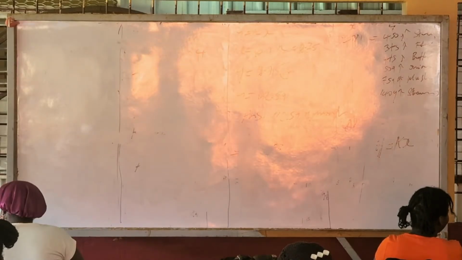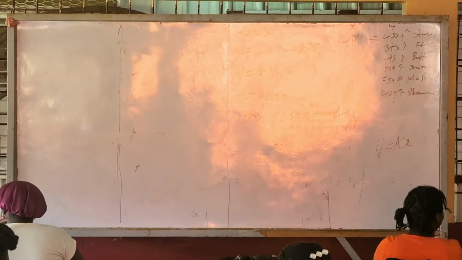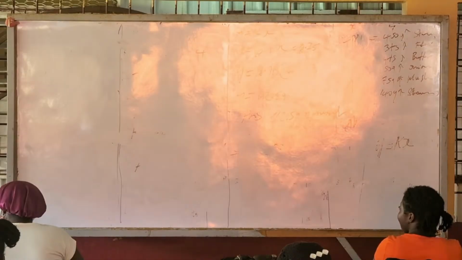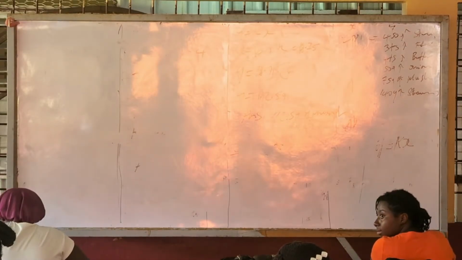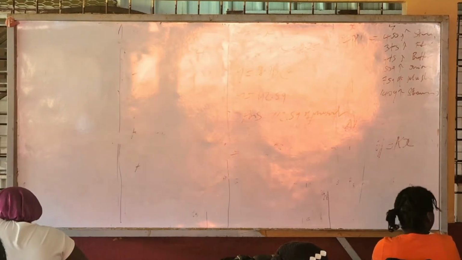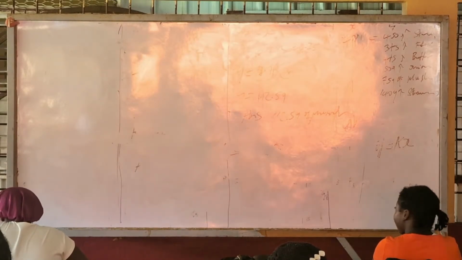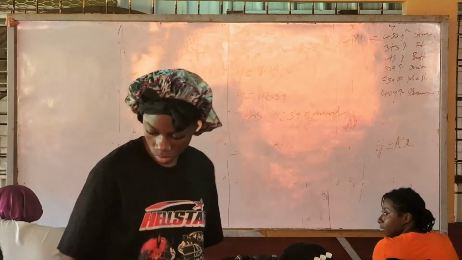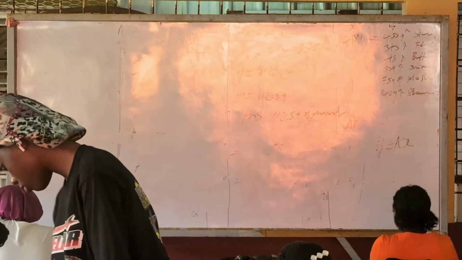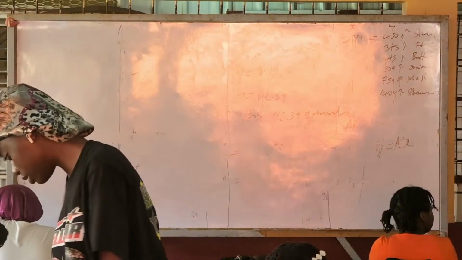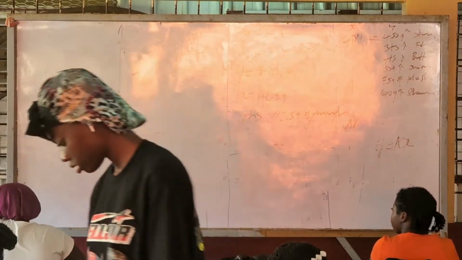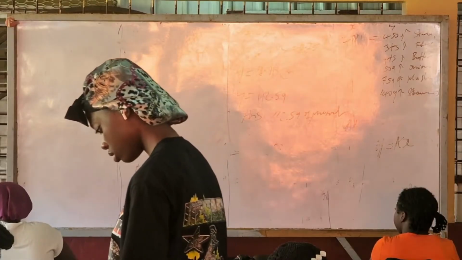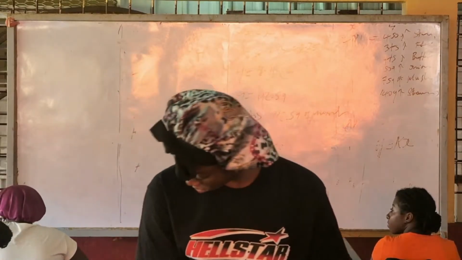That's why I get 4K also. I turn it around to be 4K equals 75. Time come. So K equal 35. K equal 35.